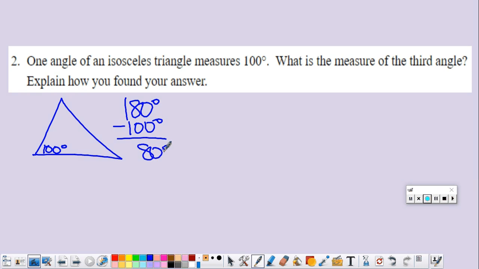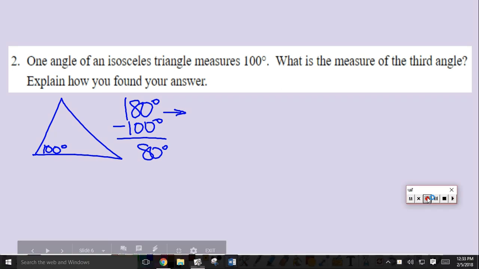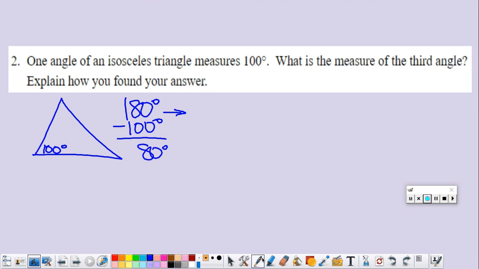Okay, why did you subtract it from 180? Why not 150 or 175? Okay, because 180 is the total interior angles. Okay, from there, what did you do?